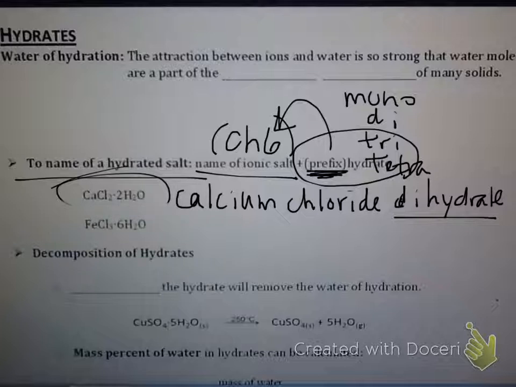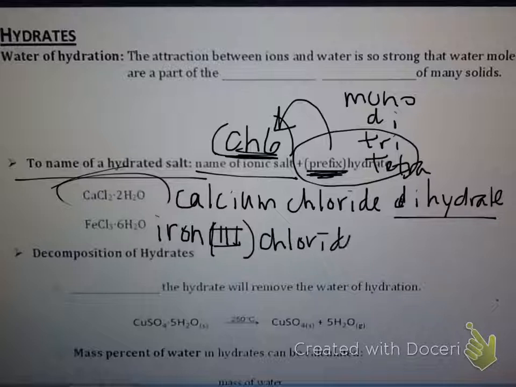There's only one iron, so it must be iron 3. So this is the iron 3 chloride salt. Once again, if you don't know how to do that, go back and review chapter 6, okay? So this is iron 3 chloride. And then we've got 6 waters loosely bound, so this is the hexahydrate.